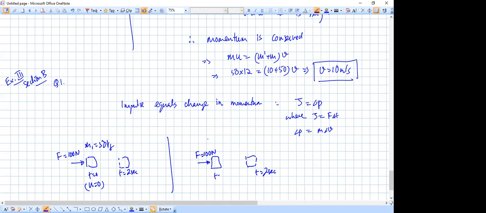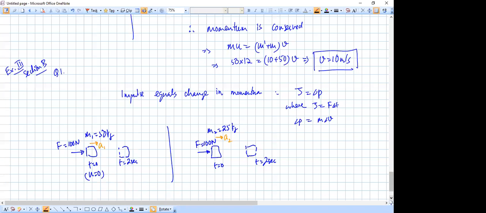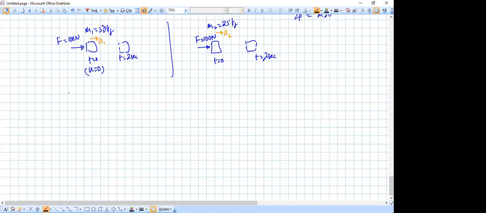But the mass is different. So because the mass is different, the accelerations will be different. But because the force and the time for which the force is acting is the same, the impulse will be same. So J is equal to delta P.